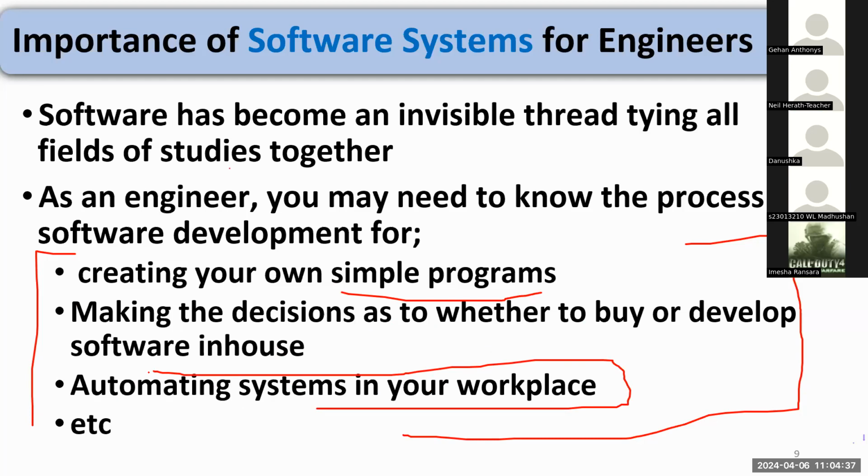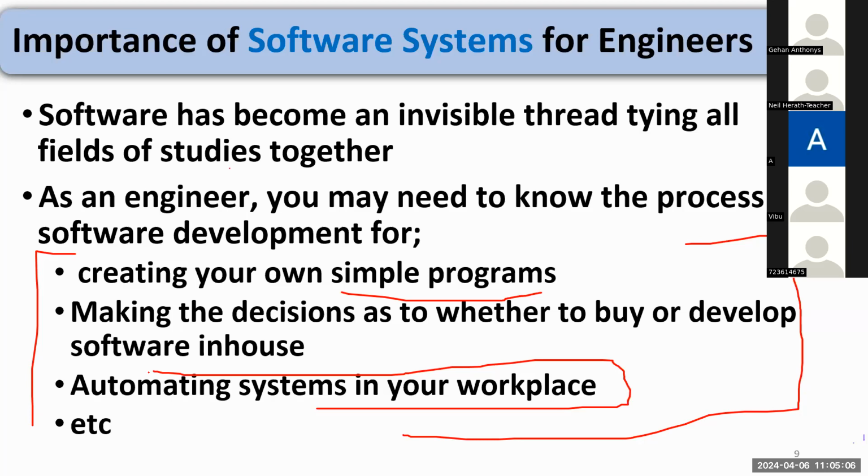Without automating systems, they cannot survive, because as we develop the technology, we need to be able to do complex systems in future. Therefore, almost every engineering workplace should have at least a partially automated system.